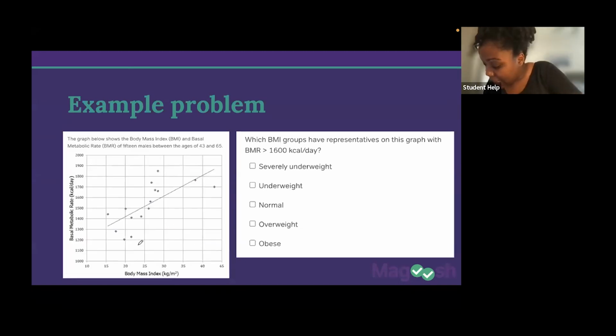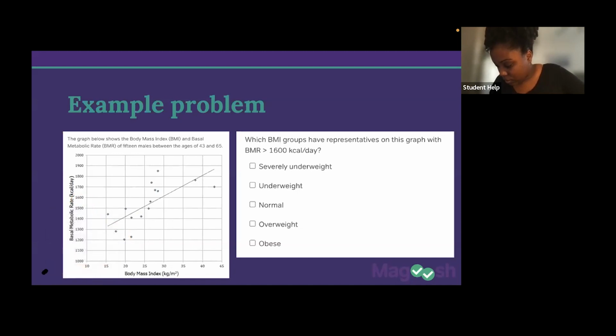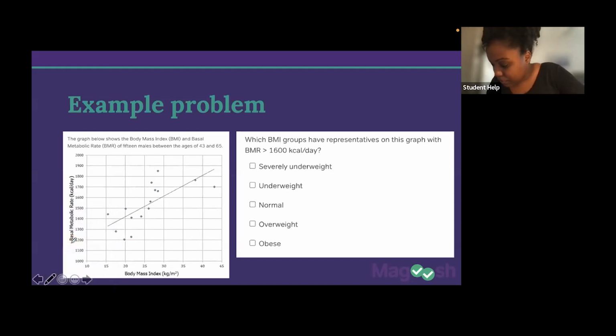So first I recognize that if it's greater than 1,600 for BMR, why that little line went across there. Hold on. Again. So if it's greater than 1,600, then I know my cutoff is here, right? Everything above this.